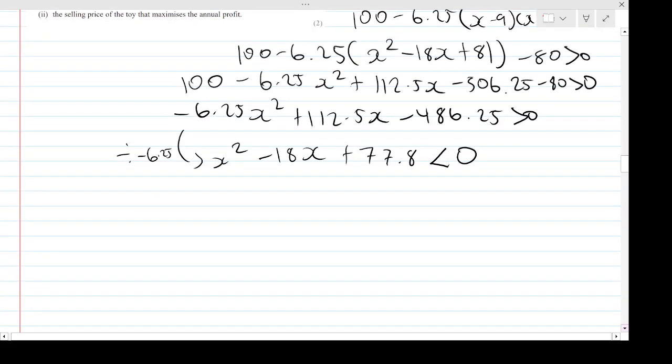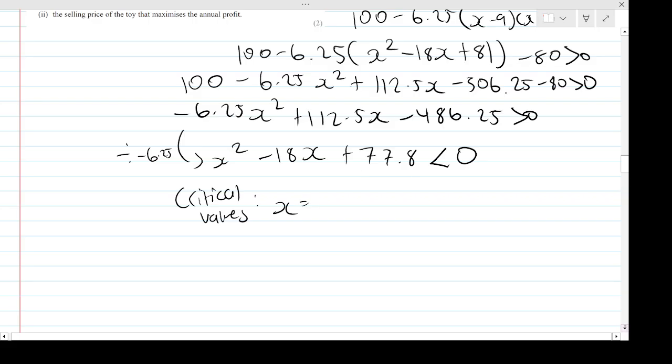Well, now this is a quadratic inequality to solve, but you should remember. You find the critical values by solving the equation as if it is equal to 0. So I can do that by quadratic formula. So these will be the critical values, right? So that's going to be x. I'm going to use the quadratic formula because I have a nasty decimal. I'm not going to bother to factorize or try to be clever.